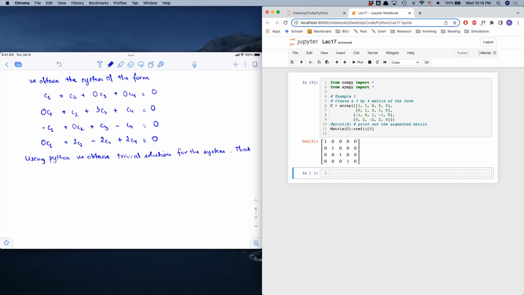That means the set S is linearly independent.